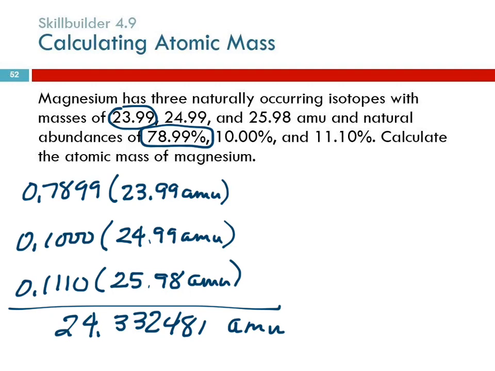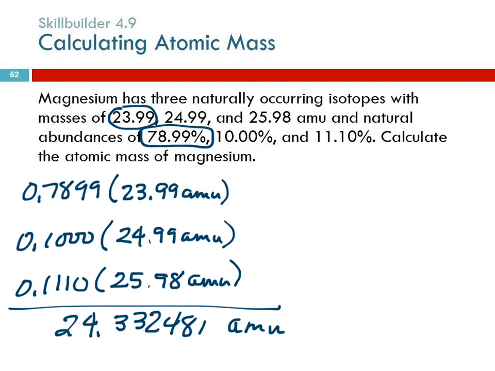Significant figures can get a little sticky here, so we're not going to worry about it too much. The way it works out is basically you're looking for the number with the smallest number of significant figures. So here all the masses have 4 significant figures, and all the percentages have 4.